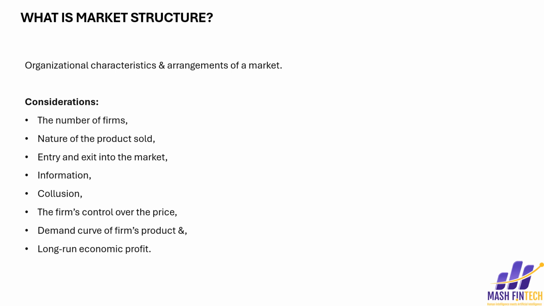So we consider the number of firms in the market, the nature of the product that is being sold in the market, whether it's difficult to enter or leave the market, is information complete in the market or not, can firms collude, come together to decide on prices and output, do the firms have any control over the price in the market, the demand curve, what does it look like and why, and lastly, we consider the long run economic profit for the firms in the market, and then we decide what type of a market are we dealing with.